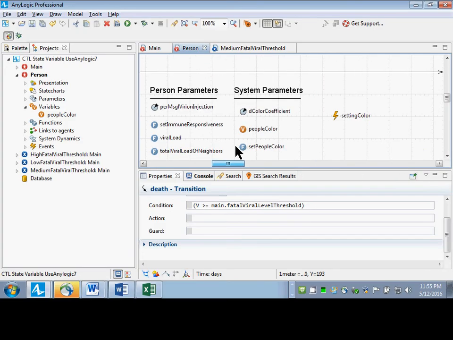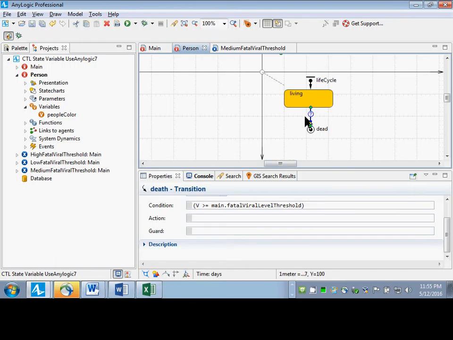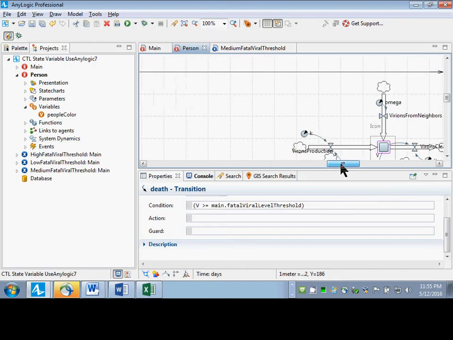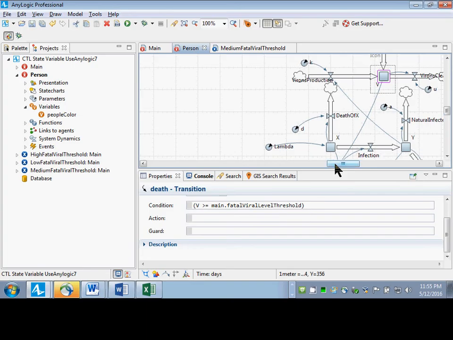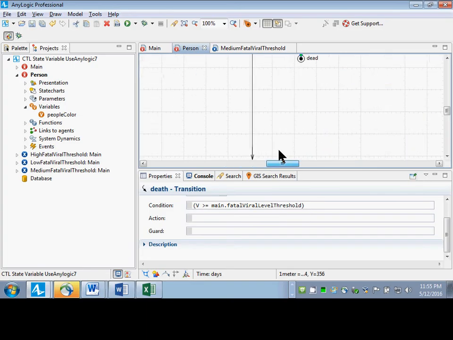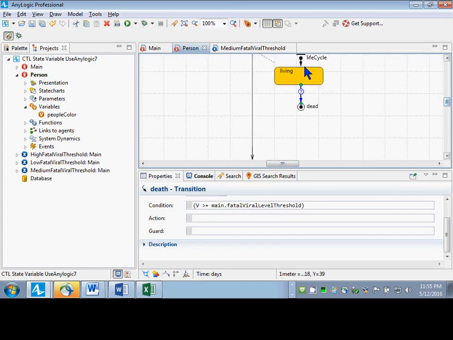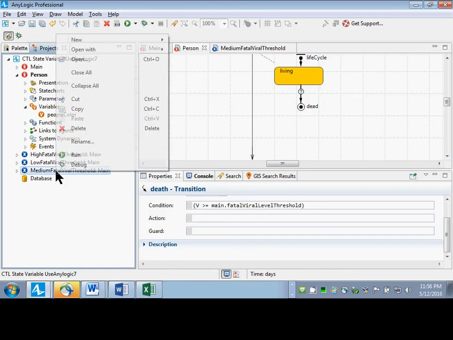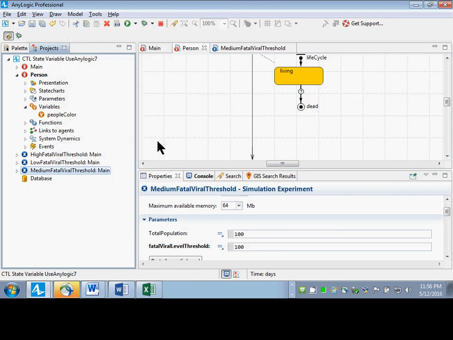And so notice that the dynamics of this person are not purely continuous. It's not purely this regulatory dynamics captured by the stocks and flows. It's also captured by this discrete living and dying. So let's run that. Medium viral load threshold. And one of the beauties of this is we can simulate people with different levels of immunocompetence.